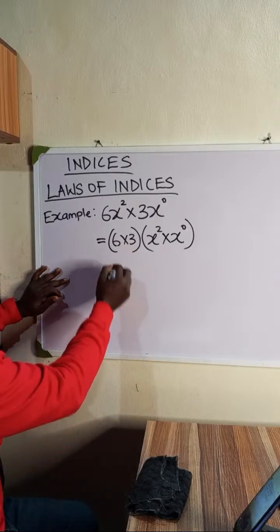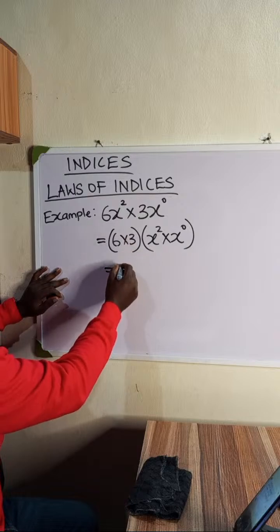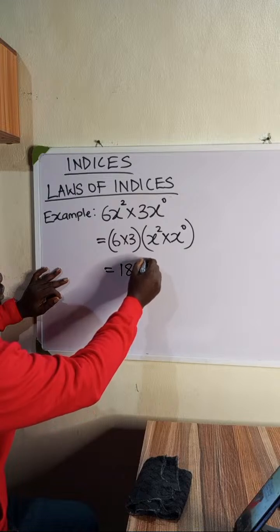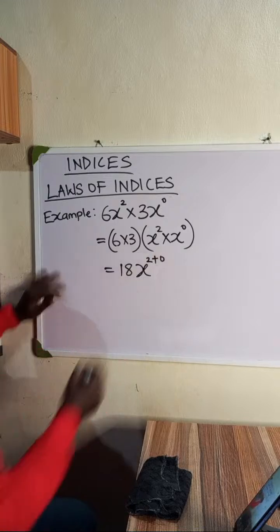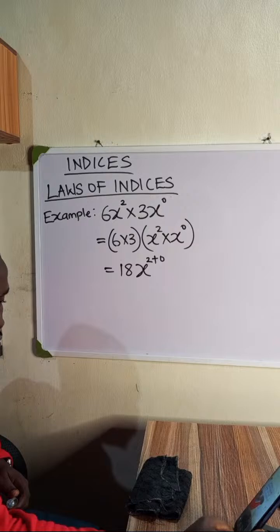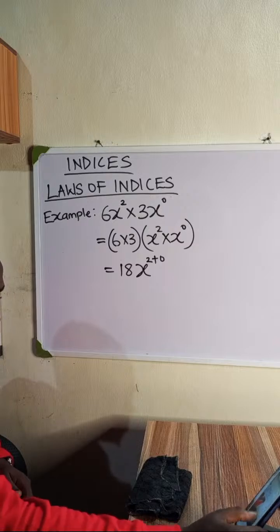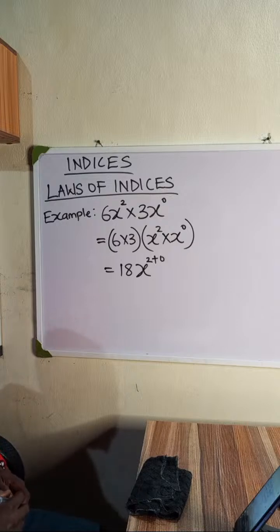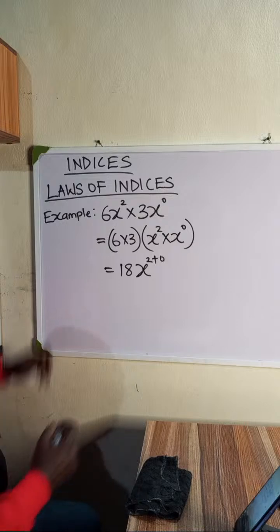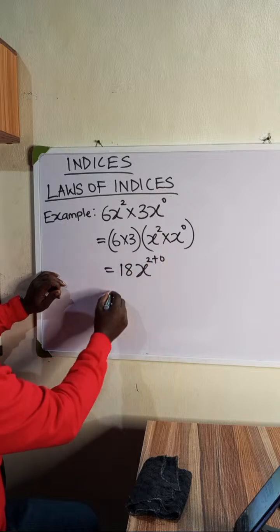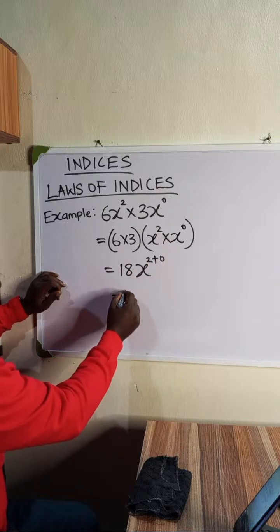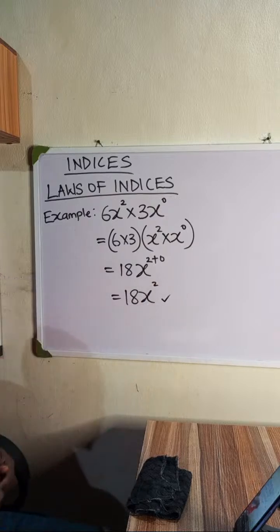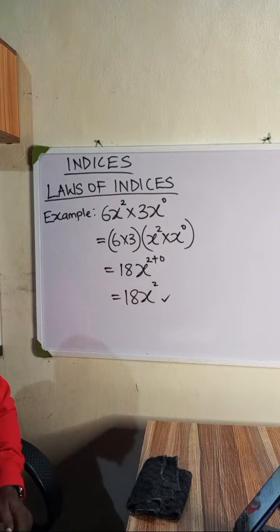So 6 times 3 will give us 18. And then we have x to the power of 2 plus 0, and x to the power of 2 plus 0 is going to give us 2. So we have 18x to the power of 2. That becomes the answer. 18x to the power of 2.